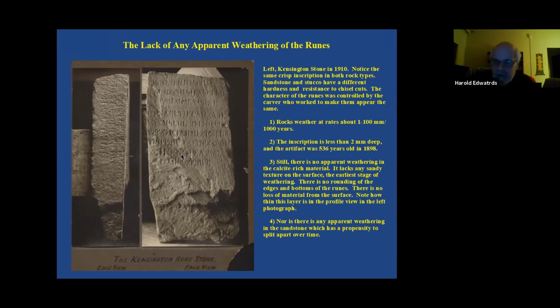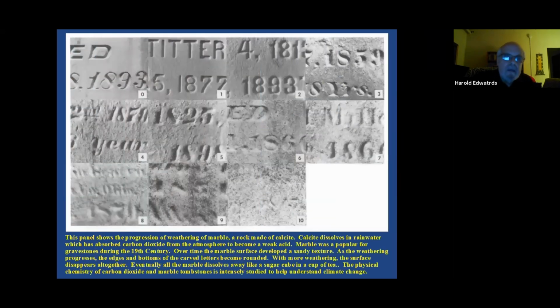Now I'll go on into the specifics of the weathering here. This is a panel of marble tombstone monuments that were popular in the 19th century in various states of decay. This upper left-hand corner shows a fresh marble surface that was polished, maybe even to a mirror finish.